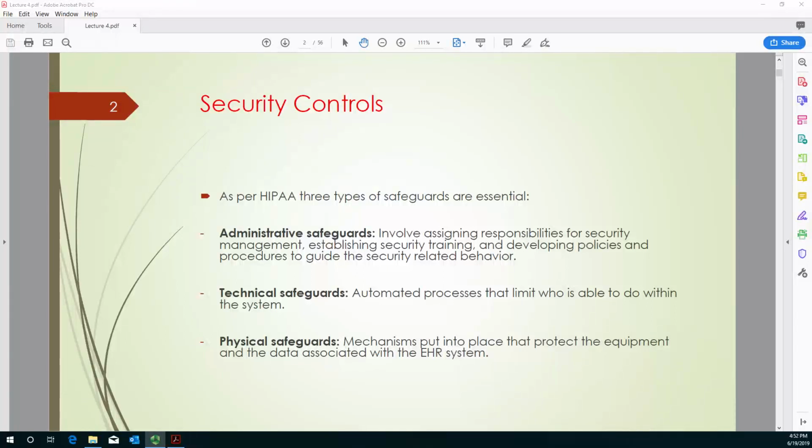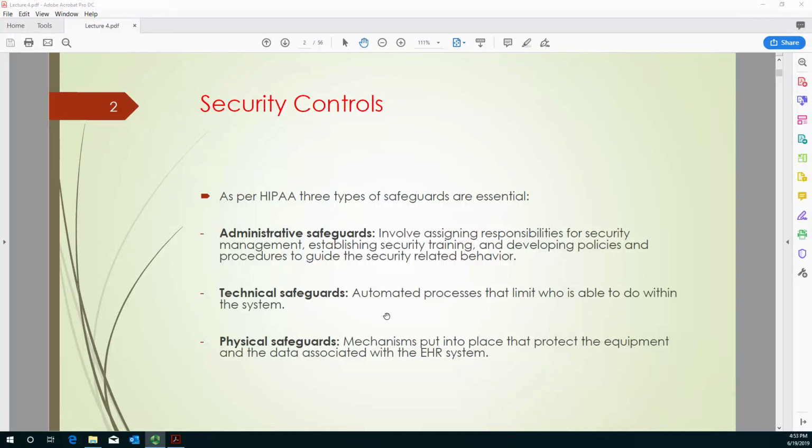And you have technical safeguards, for example, automated processes that limit what people are able to do within the system, etc. And then you have physical safeguards, mechanisms put into place to protect the equipment and data associated with EHR. For example, you don't want to have the server sitting in the hallway. You want the server that has the patient data sitting in a locked, safe room, right?